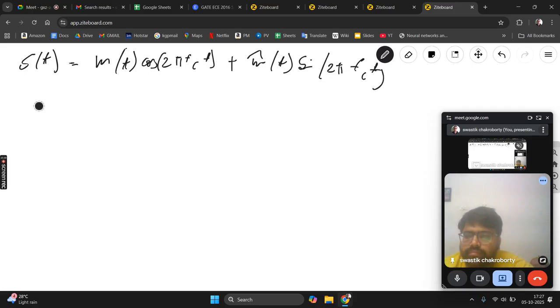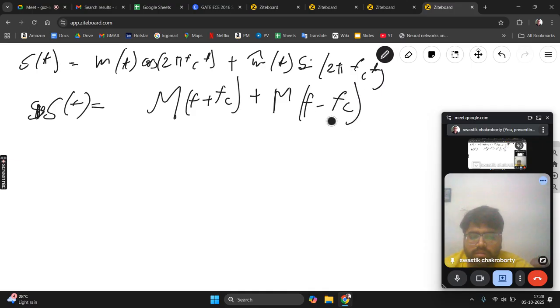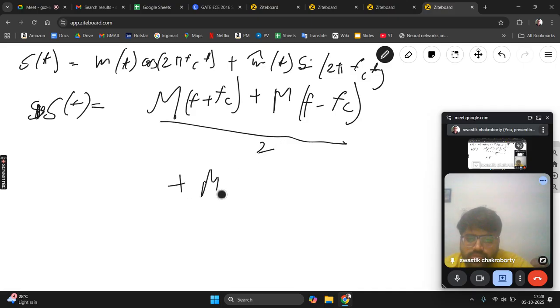Now what will be S(f)? S(f) will be M(f plus fc) plus M(f minus fc) by 2, this one, and sine will give M hat(f plus fc) minus M hat(f minus fc) by 2j.